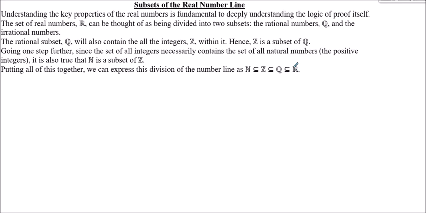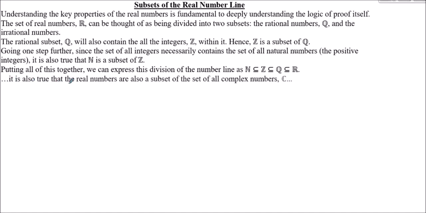So everything falls within the subset of real numbers if you're doing A-level maths. However, it's also true that the real numbers are a subset of the set of all complex numbers, capital C. So if you want to be a bit more developed about it, or if you're doing further maths or just out of interest, then this is all included within the subset of complex numbers.